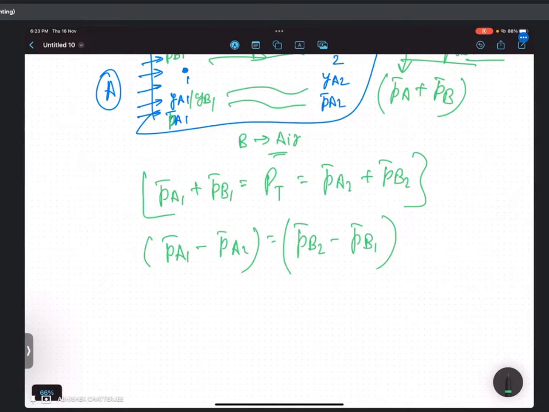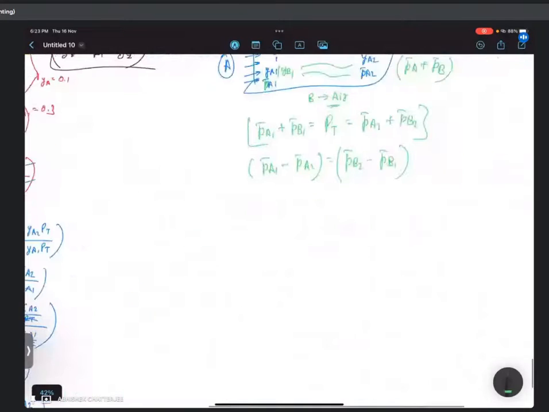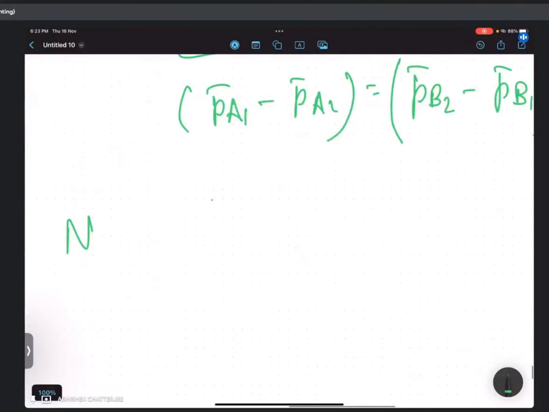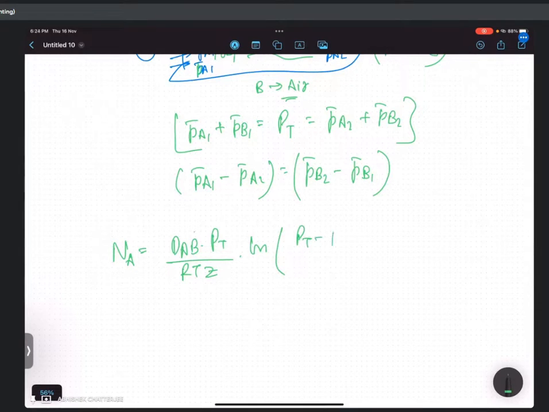Clear? Okay. Now let us understand. In this equation, we had that NA is equal to DAB into PT by RTZ into ln of PT minus PA2 bar divided by PT minus PA1 bar.